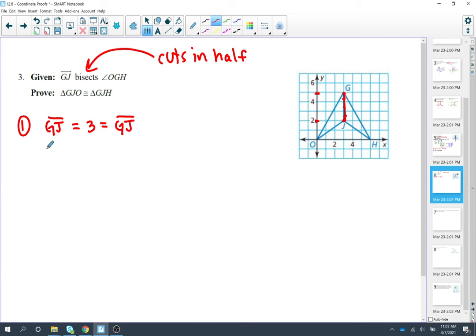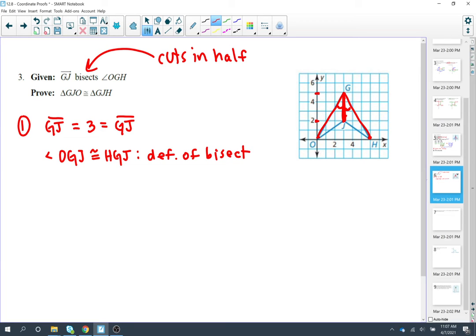Then I'm also going to state that angle OGJ is congruent to HGJ, this angle, by the definition of bisect.